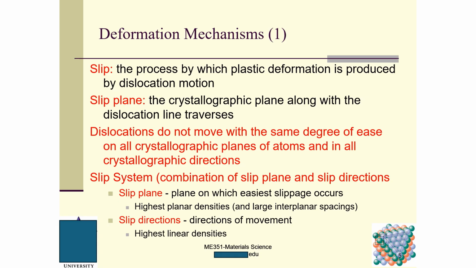For the deformation mechanisms, there are several concepts here. Slip is the process by which plastic deformation is produced by dislocation motion. Slip plane is the crystallographic plane along which the dislocation line traverses. Dislocations do not move with the same degree of ease on all crystallographic planes of atoms and in all crystallographic directions.